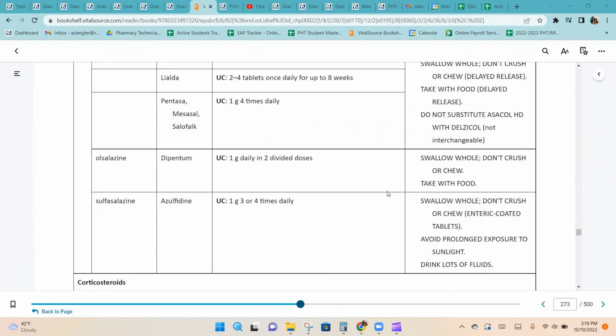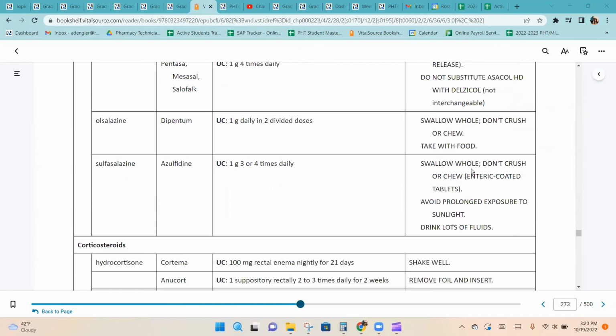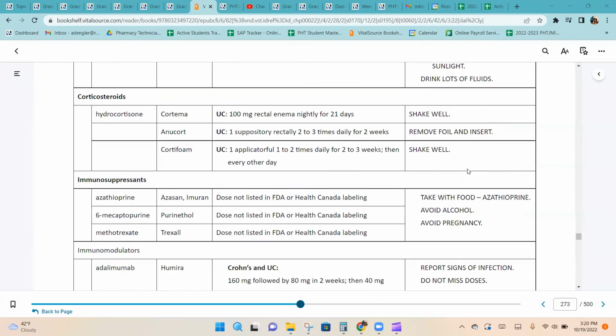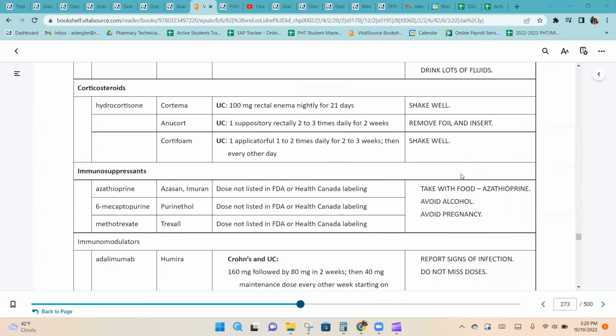For olsalazine, swallow whole, don't crush or chew. Take with food. Sulfasalazine, swallow whole, don't crush or chew. Avoid prolonged exposure to sunlight because it can cause more severe burns, and drink lots of fluids. Hydrocortisone for the corticosteroids, we want them to shake well. For the suppositories, remove foil and insert.